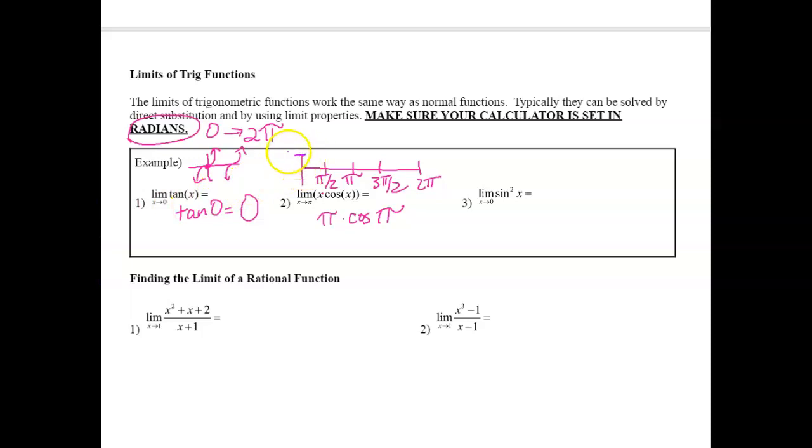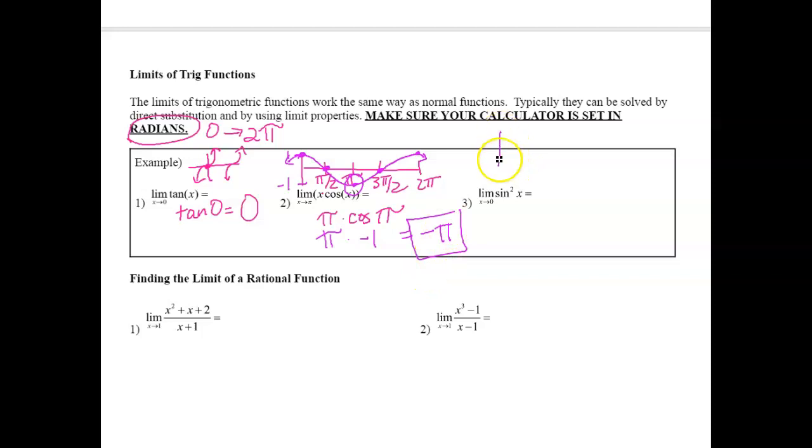Cosine started at 1, and it went 1, 0, -1, 0, and then back up. And these are all going to be the popular values. So you should be doing these typically without a calculator, okay? So I've got pi, and then the cosine of pi right here is -1. Since that's not undefined, direct substitution works, and our limit value is -pi.